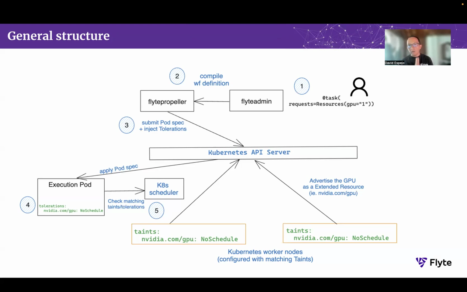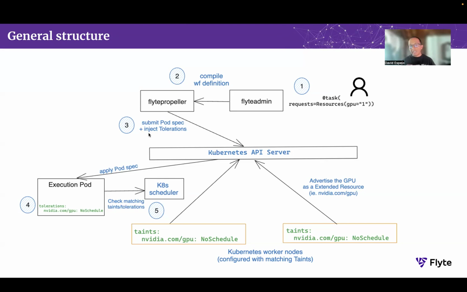This is a controller that follows the operator pattern and that will instruct the API server, Kubernetes API server, with the specific pod spec that it should use for each task execution. Remember that at least by default, every task execution in Flyte renders as a pod, as a Kubernetes pod, and every pod needs a spec. So Flyte Propeller will instruct the API server to configure this pod.